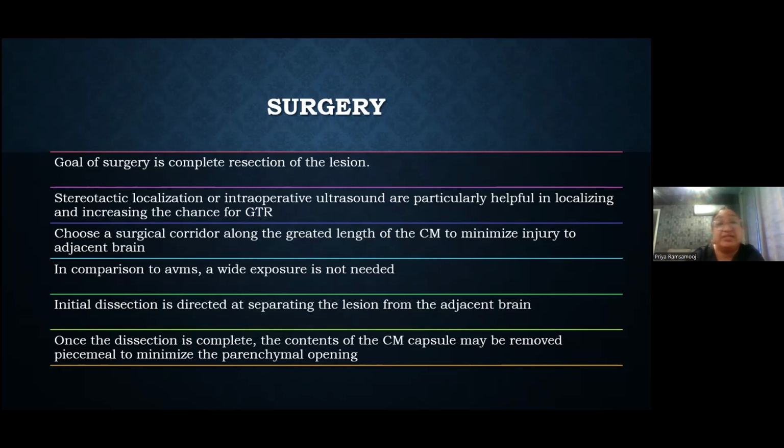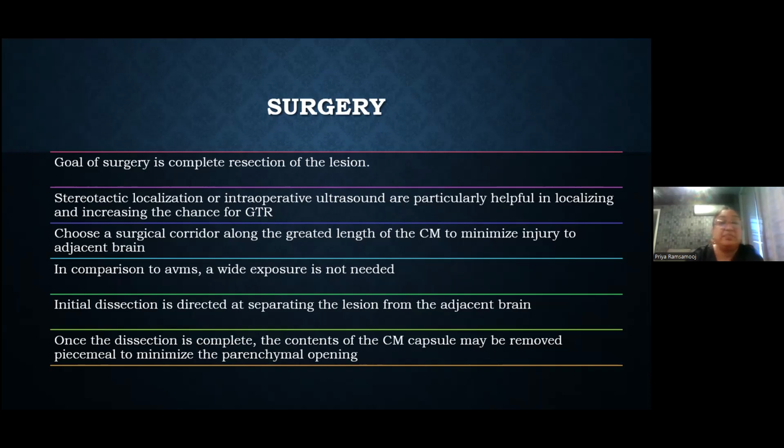So the goal is really to completely resect the lesion, right? And stereotactic localization or intraoperative ultrasound is particularly helpful in this regard. You're going to choose a surgical corridor along the greatest length of the CM to minimize injury to the rest of the brain. And compared to your AVM surgery, a wide exposure is not necessary, right? Your initial dissection is directed at separating the lesion from the adjacent brain.